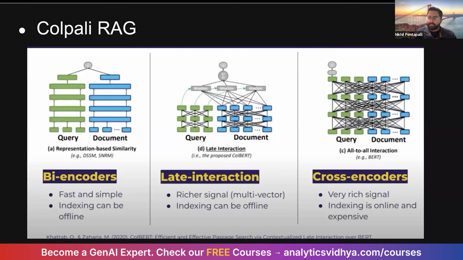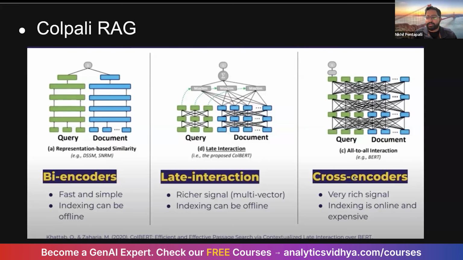You can index the document offline, and the query can be converted to vectors at runtime, and then the similarity can be calculated. It's fast and simple.